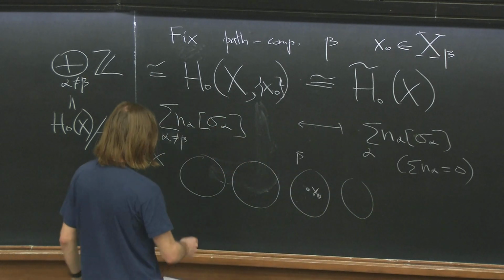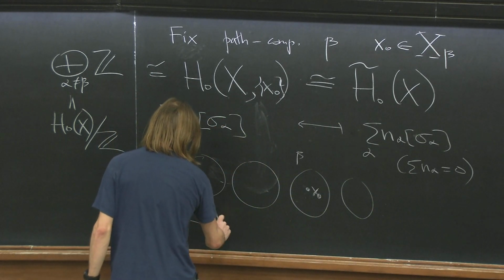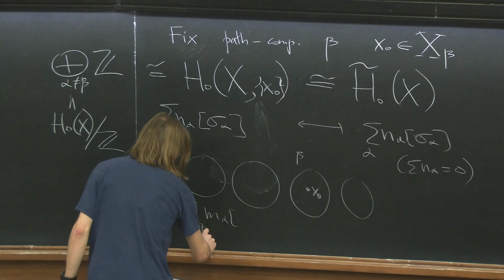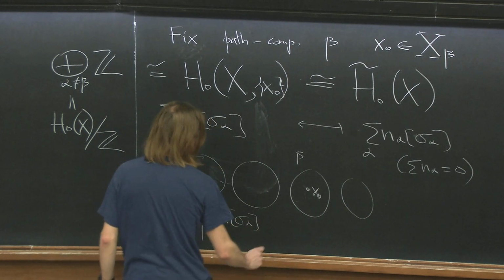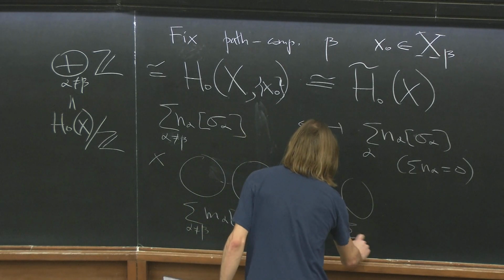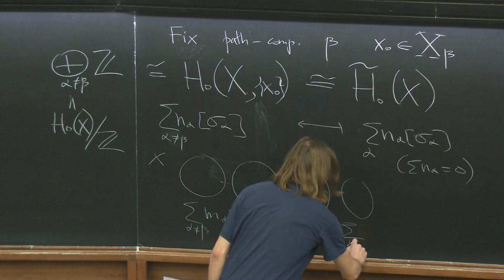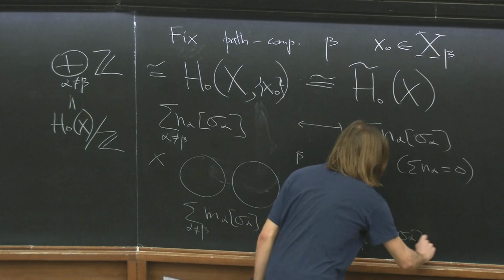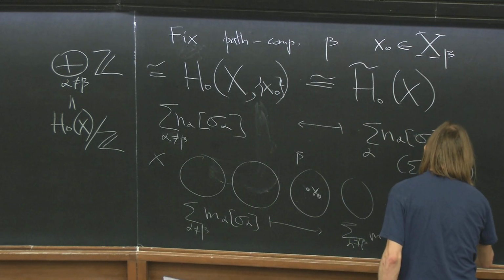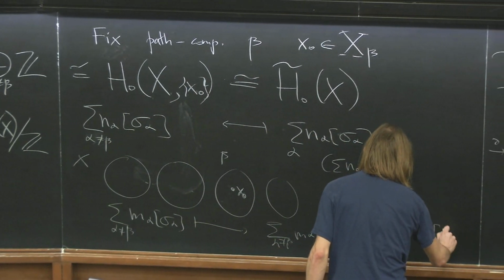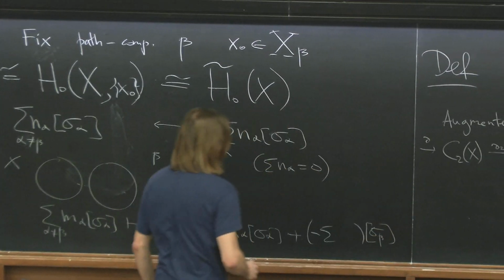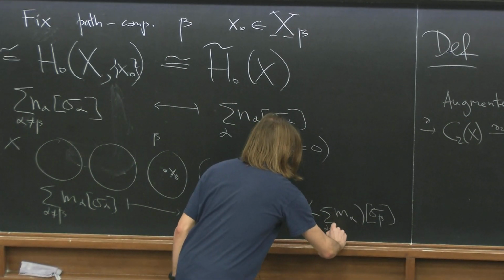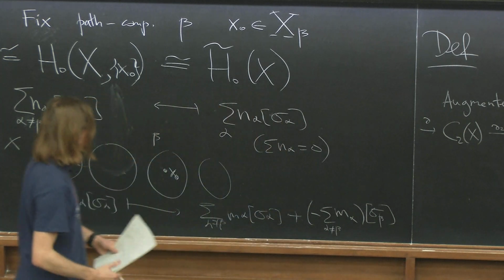And the inverse map, of course, you can construct. Just taking, okay, you have here a sum of all components excluding beta, and you map it to the sum over alpha not equal to beta of the same thing, the sigma alpha, and plus you add the generator corresponding to component beta with coefficients being minus the sum of the coefficients.